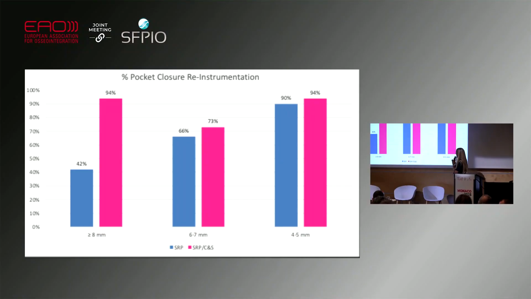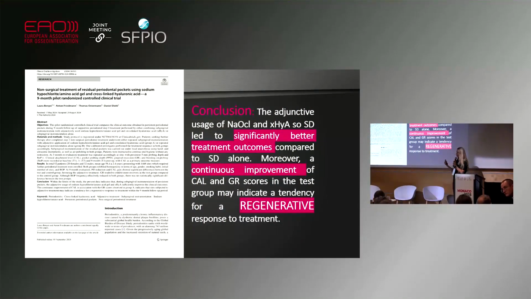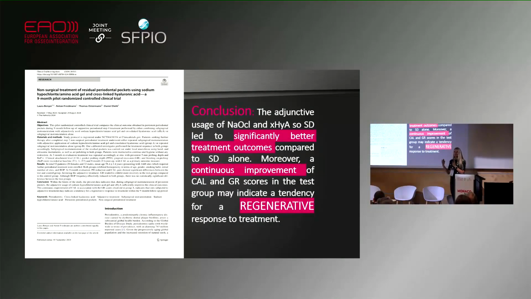The pocket closure rate, again very consistent with our results in deep pockets, was twice as big as compared to subgingival instrumentation. So actually, this approach not only led to significantly improved clinical parameters, but also showed some regenerative response to the treatment.